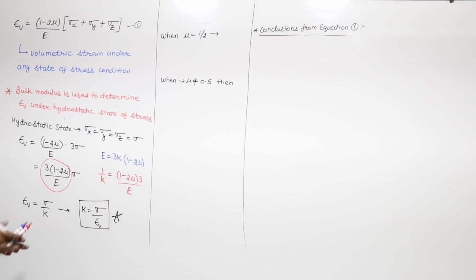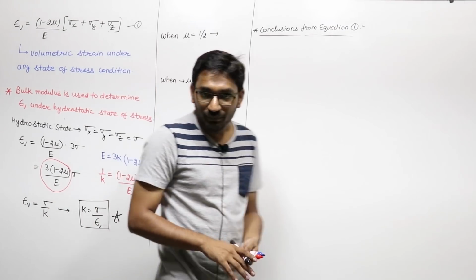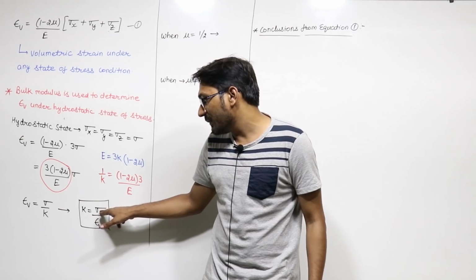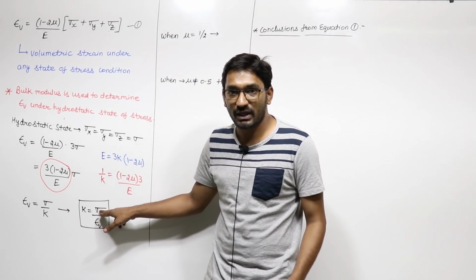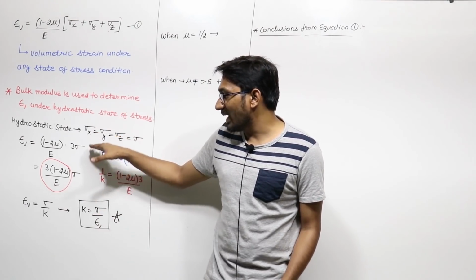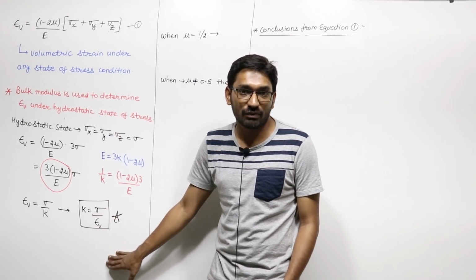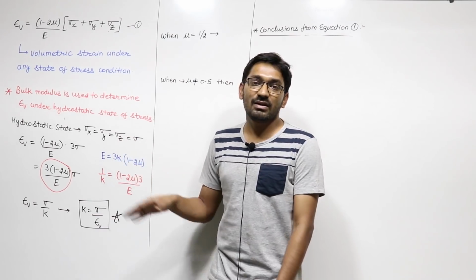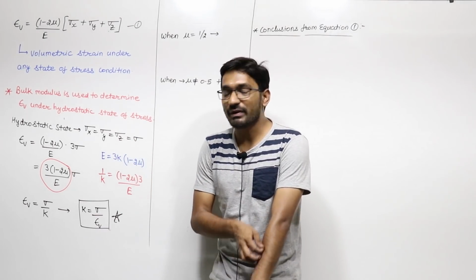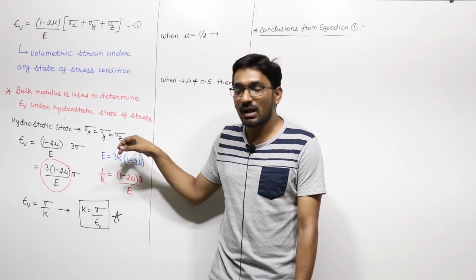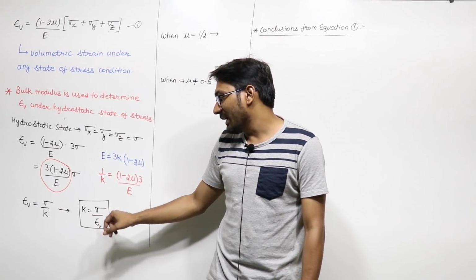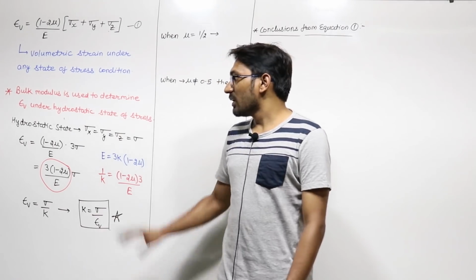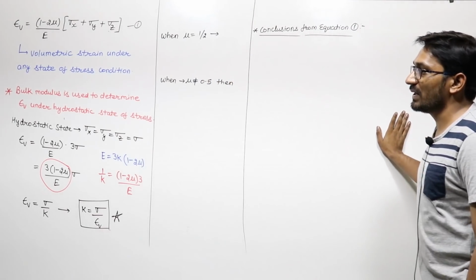Here I proved that the bulk modulus will give us the volumetric strain under hydrostatic stress condition. This is valid for hydrostatic state of stress only, that is sigma x, sigma y, sigma z in the same direction and of equal magnitude, that is sigma. So this is the definition of bulk modulus.